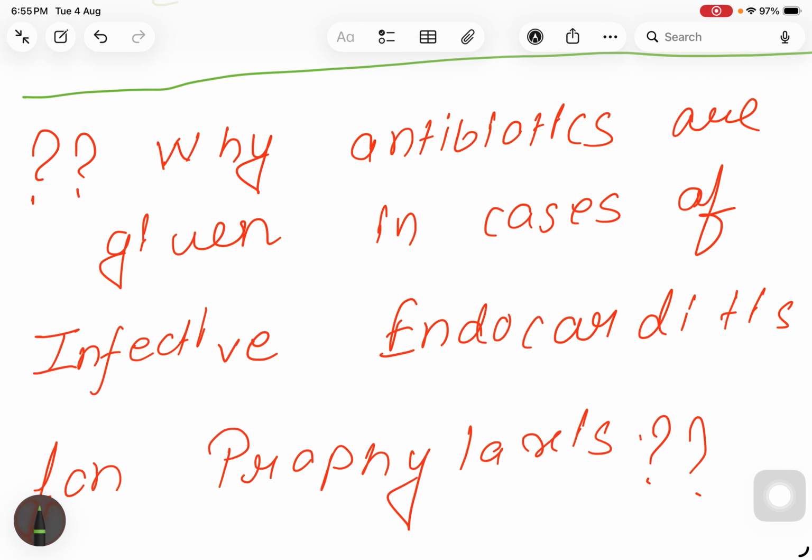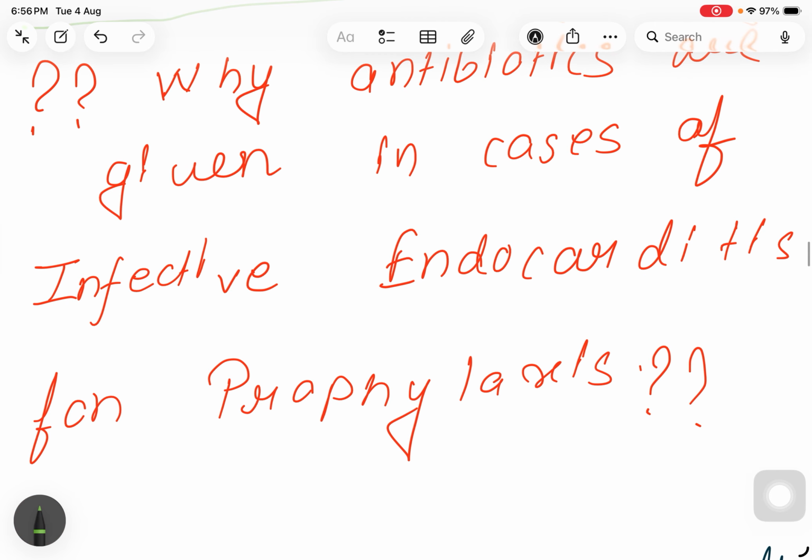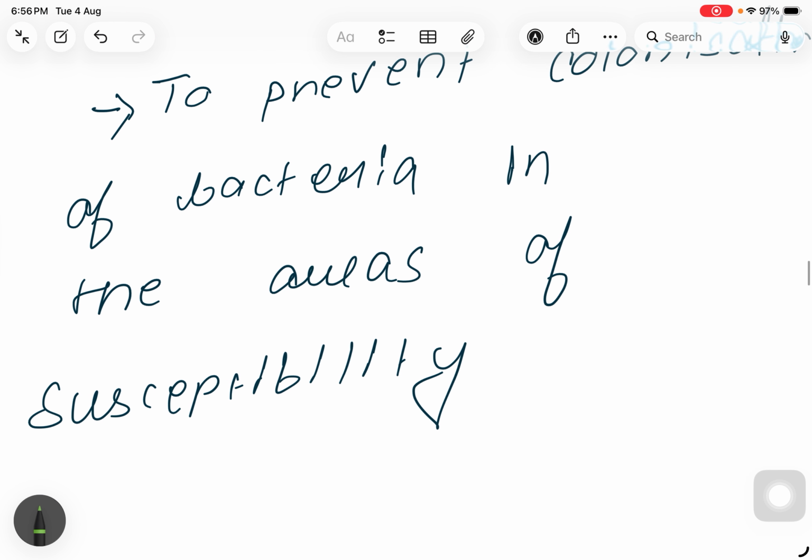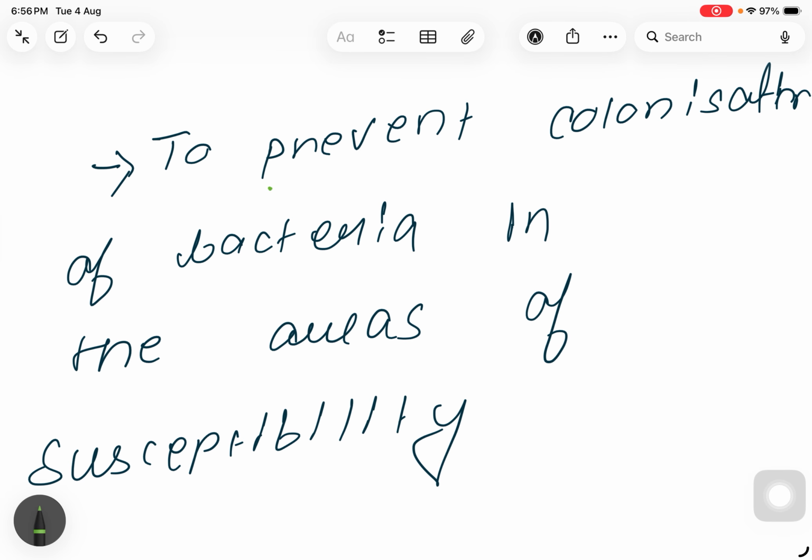We generally see that our seniors tell us to always give antibiotic prophylaxis to IE patients before starting any procedure. So why is it so? Why do you have to administer antibiotics in cases of IE patients? Because it prevents the colonization of bacteria in the areas of susceptibility.